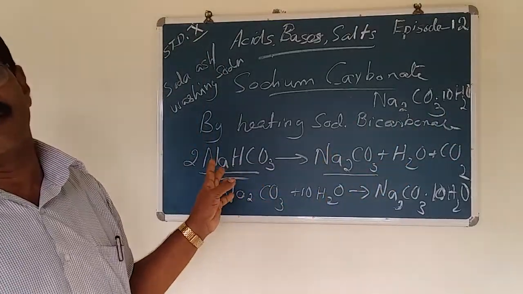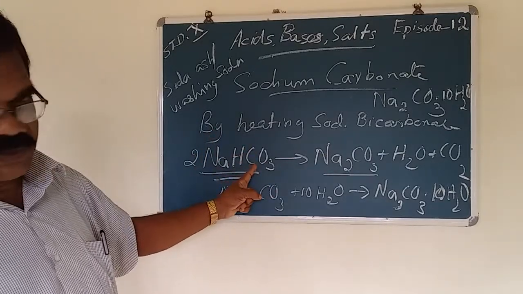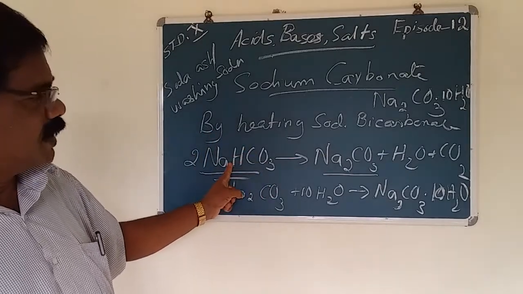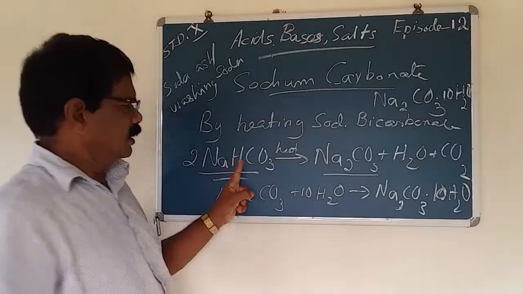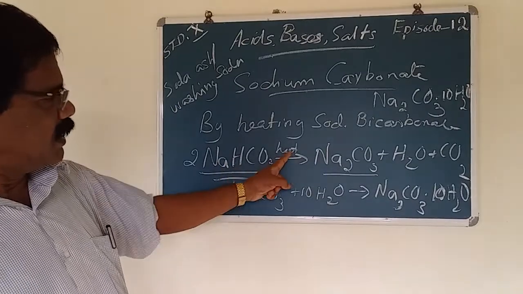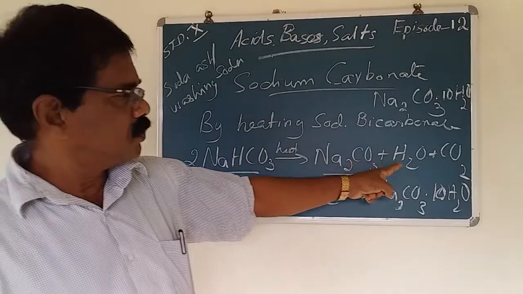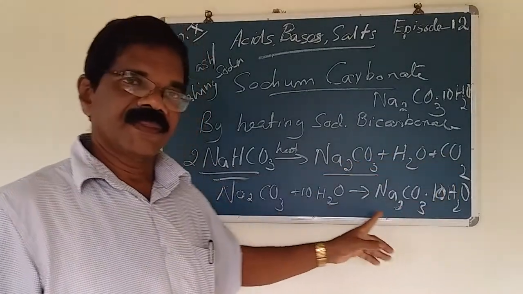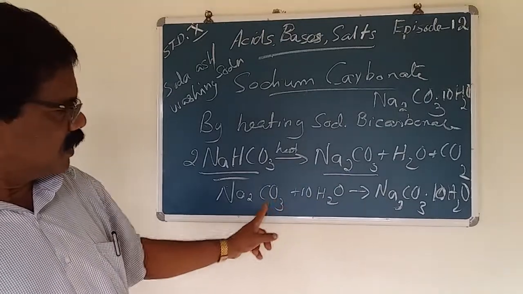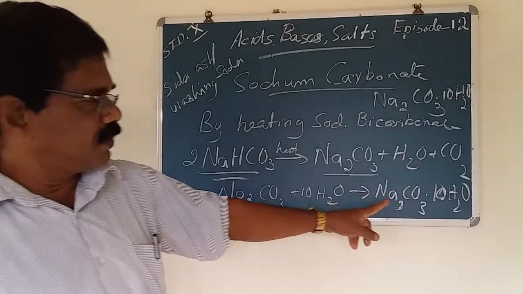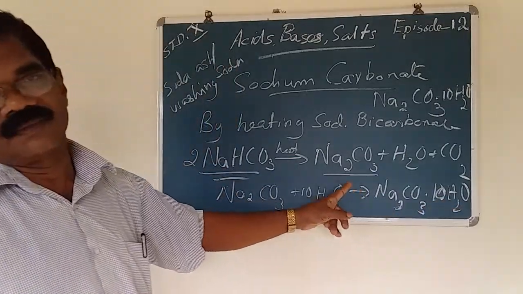By studying the properties of sodium hydrogen carbonate, we have seen that on heating, it decomposes to give sodium carbonate, H2O and CO2. On recrystallization of sodium carbonate with 10H2O, Na2CO3.10H2O is formed. It is washing soda or soda ash.